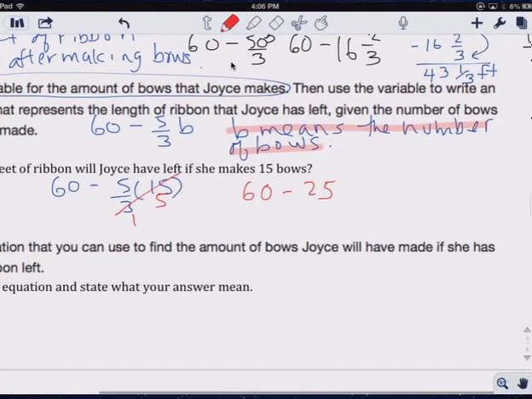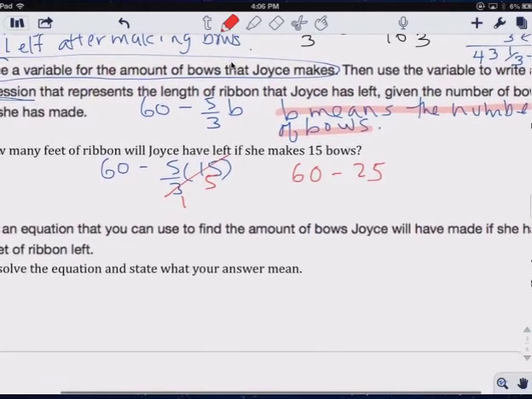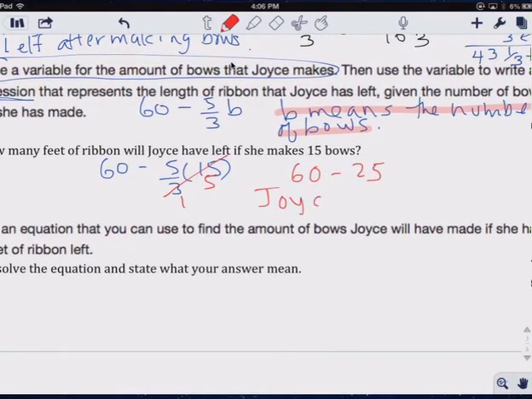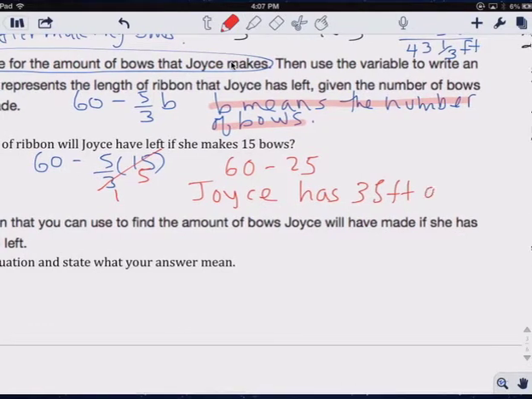Much easier numbers. So Joyce has 35 feet of ribbon left after making 15 bows.